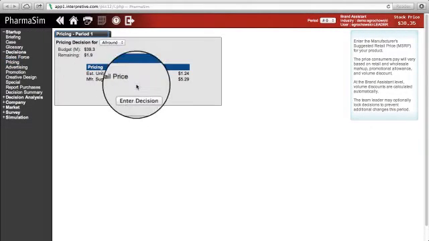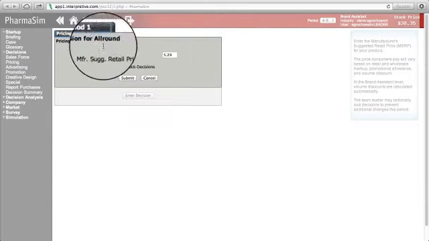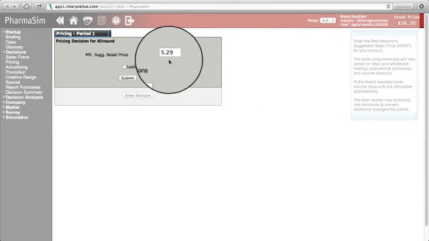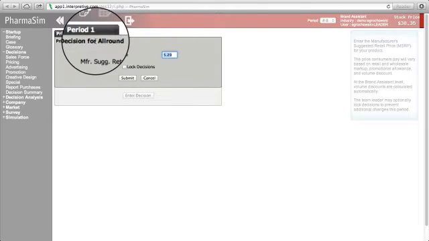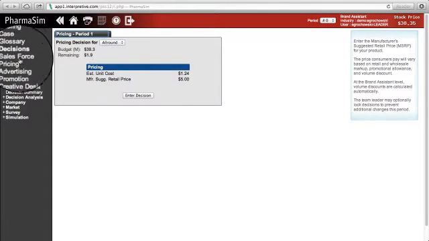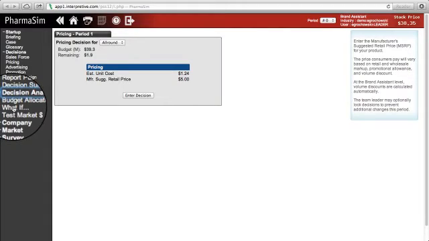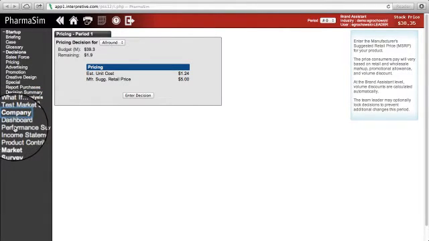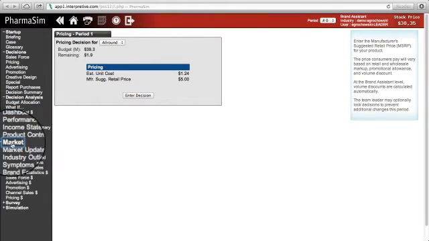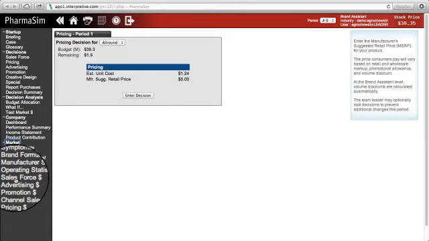Under pricing, I see here for pricing for all around, I am charging $5.29. Let's say I want to lower the cost on the retail price to $5. Now I can go to performance summary, get market input for pricing.